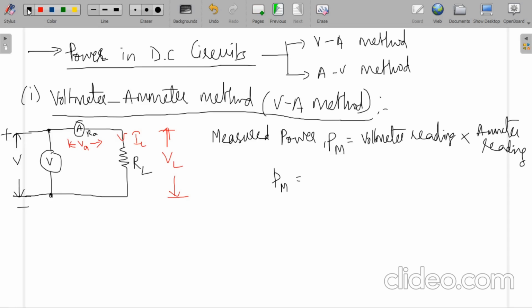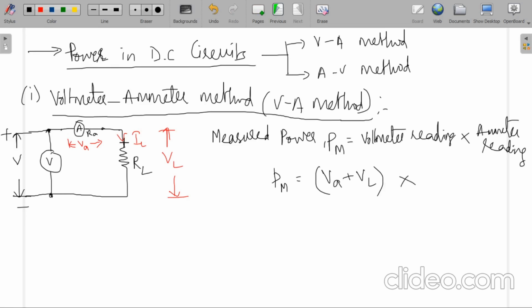Now coming to the voltmeter reading. This voltmeter not only gives the voltage across this but also the voltage across this, because it measures the voltage between these 2 points. So the voltmeter reading will be equal to VA plus VL, into the ammeter reading.